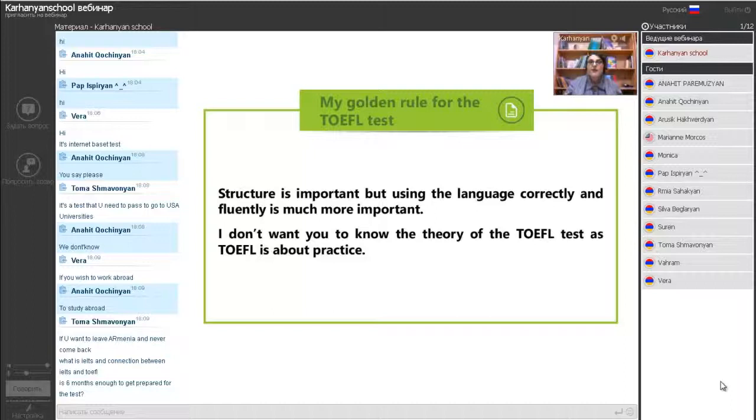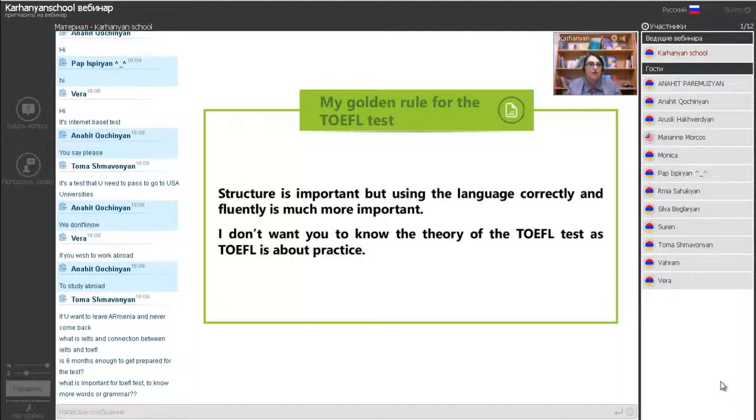Sometimes people focus on structure and forget the most vital part of it, to use the language correctly, to use it fluently, to use a sophisticated vocabulary, okay? Just saying that knowing structure is enough, I can tell you that it's not enough, okay?